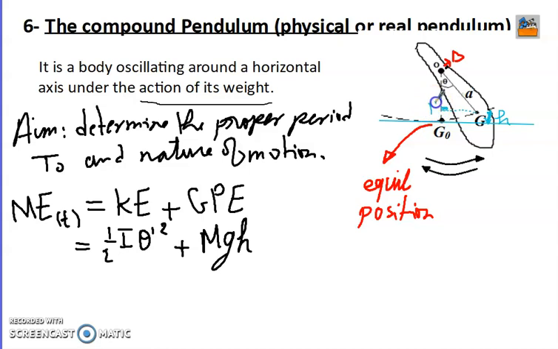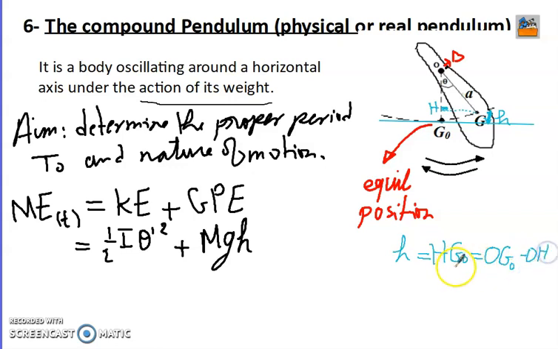So this is, let me call this capital letter H. So we get H equal OG0 minus OH.